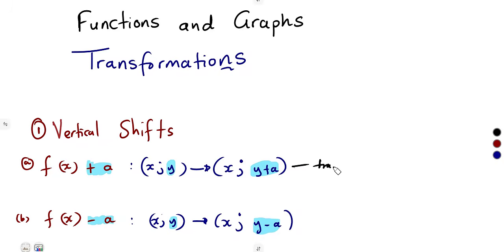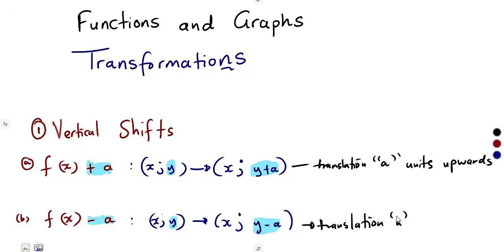It is a translation of a units upwards. We are going up, a plus. For the y values, it is just the sign that you're given that represents what is happening. We're going to see the opposite when we are referring to another type of translation.